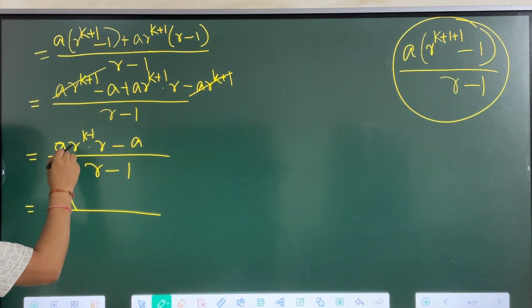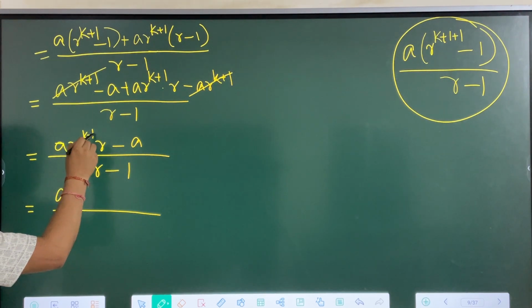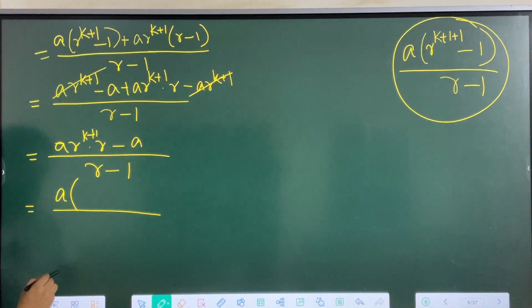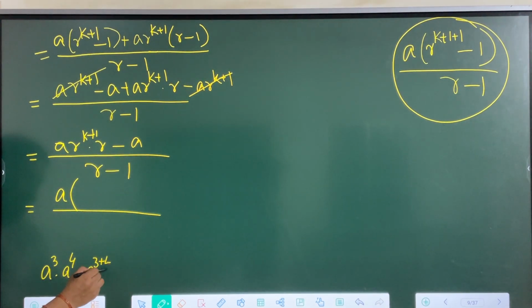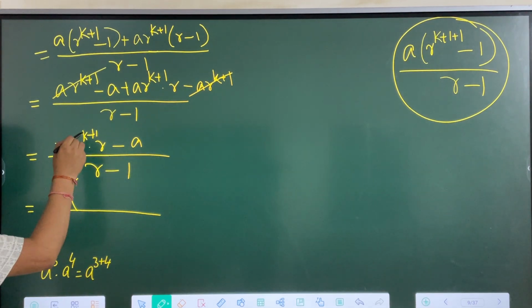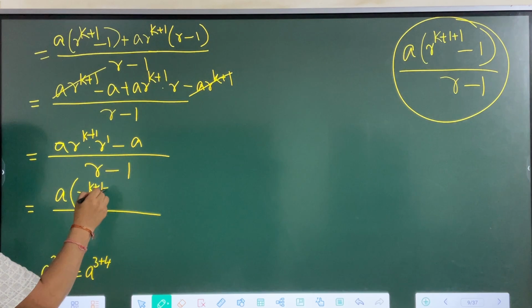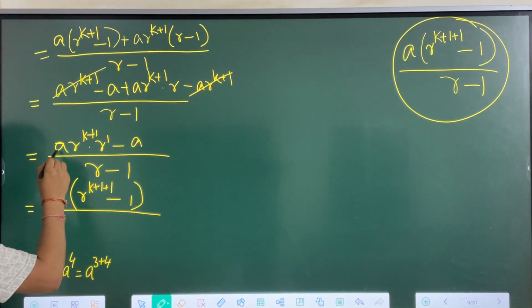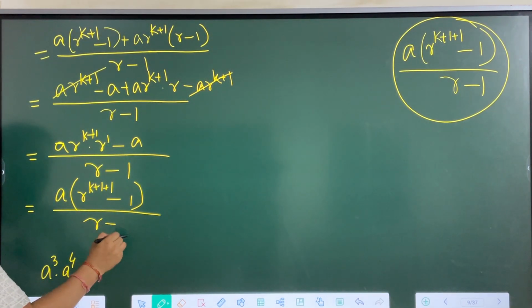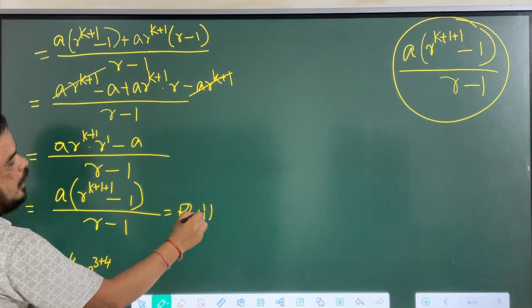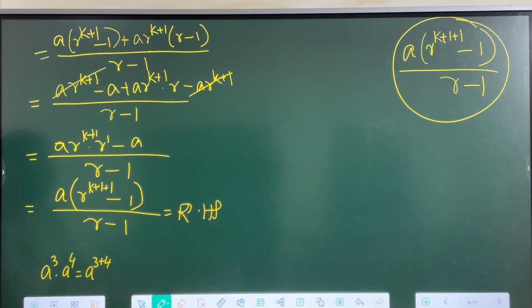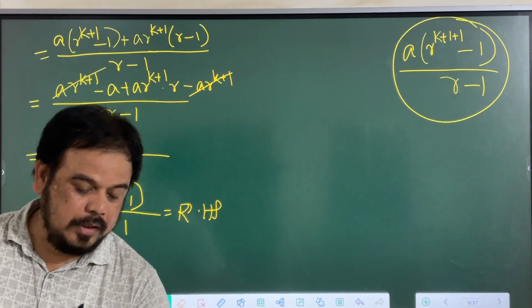After taking common, what is that? R to the power k plus 1 into R. A to the power 3 into A to the power 4, what do you write? A to the power 3 plus 4. Powers will be added, no? So R to the power something, R to the power 1. So R to the power k plus 1 minus 1, A taken common, equals the right hand side. This is what we have got.